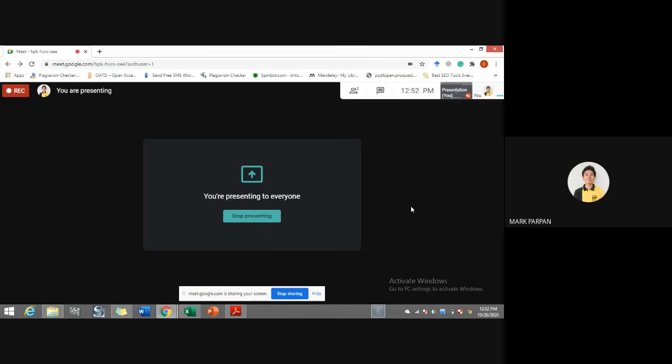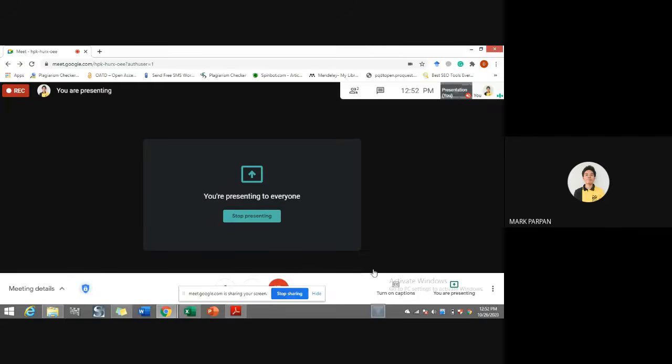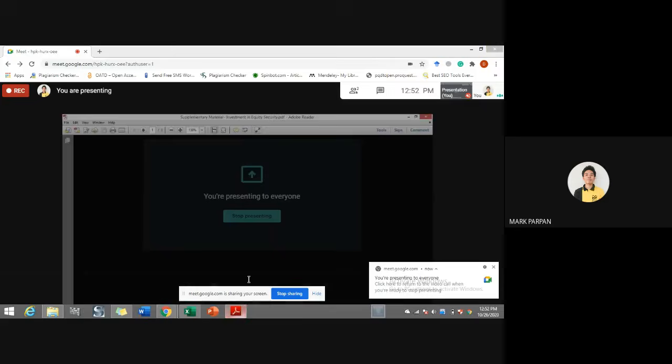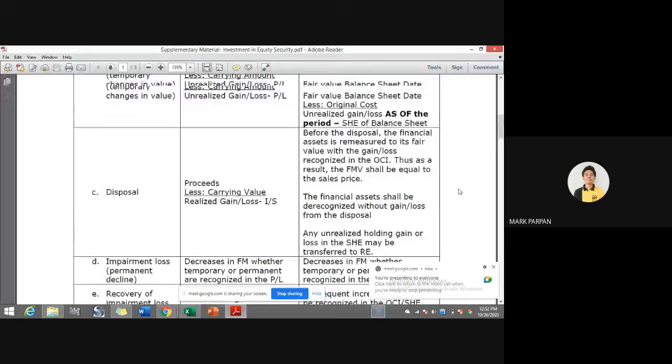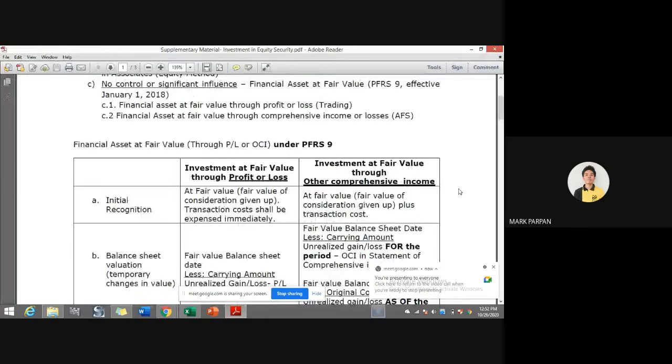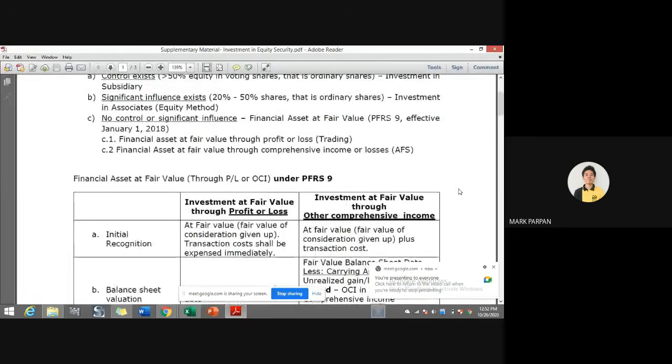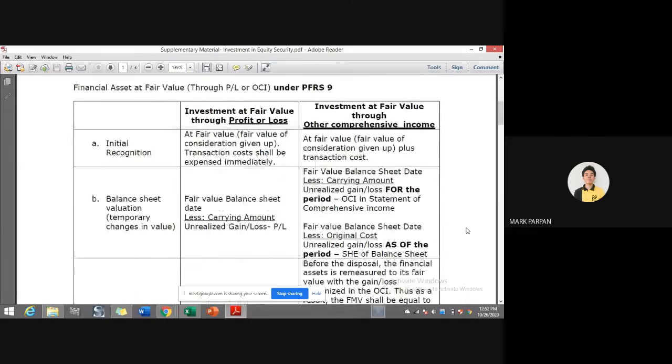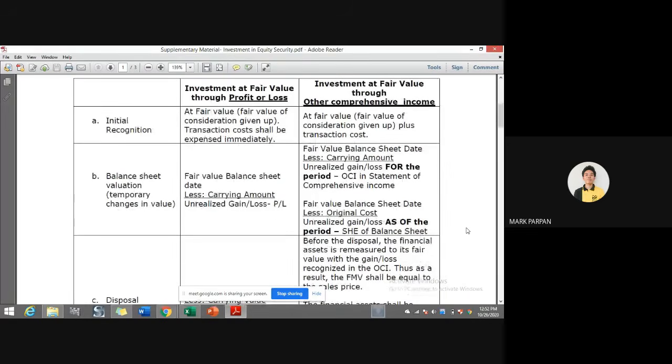But I need to explain this material first, especially this first part, because when I go to the complications or the main auditing problems of investment, you will be stressed. I explain this because it is very important. This is the foundation of our investment topic and I cannot skip it.